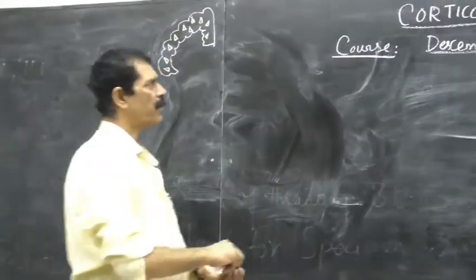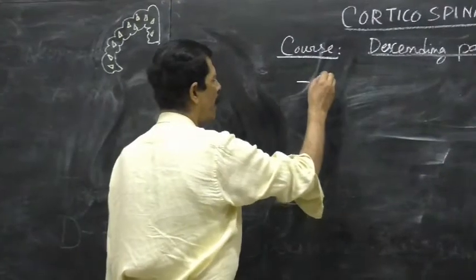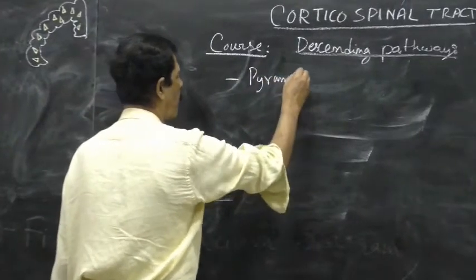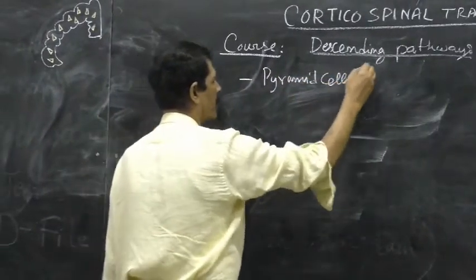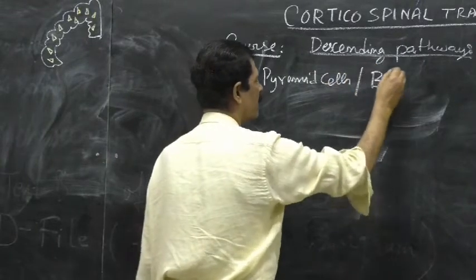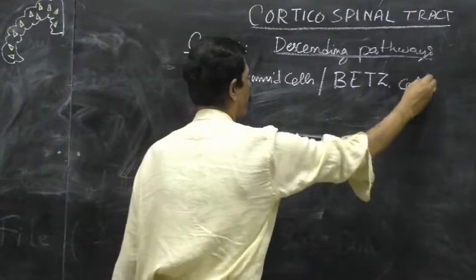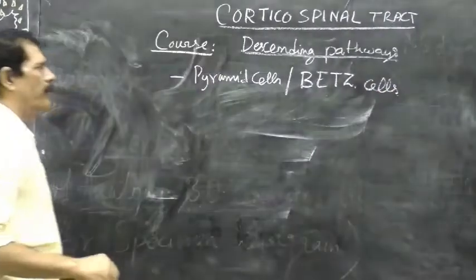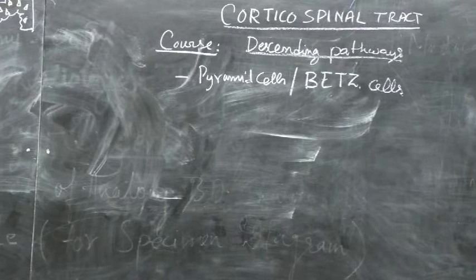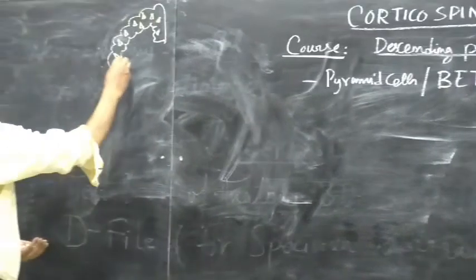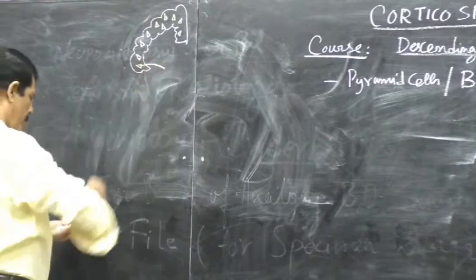So the fibers of the corticospinal tract start from the pyramidal cells, which are also called Betz cells. So the motor fibers or the axons start from here. These are the fibers of the head area.